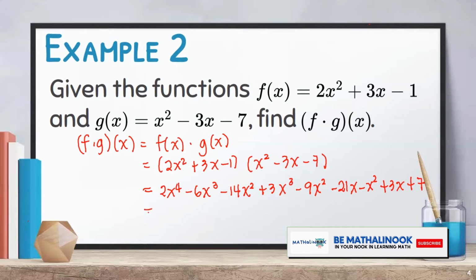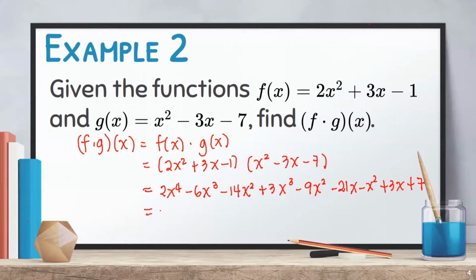Since there is no other term that has x raised to 4 as its variable, we can simply bring it down. Copy 2x raised to 4. Negative 6x cubed can be combined with positive 3x cubed. So negative 6x cubed plus 3x cubed is equal to negative 3x cubed.